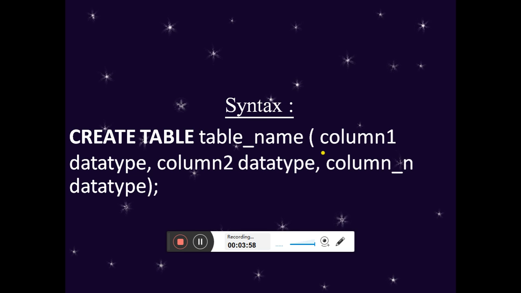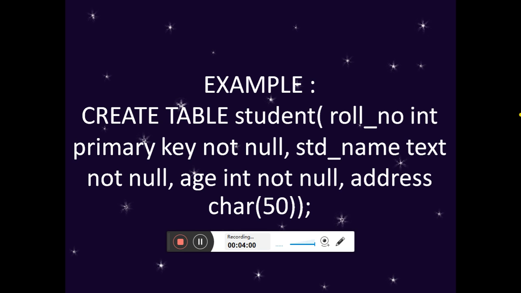So you are supposed to mention the roll number in integer type and the student name in text type. Then for age, you are going to insert the age in numbers only, so again you write integer. Integer means the whole number. We will see it in detail later, but you are supposed to mention the data type while creating the table.